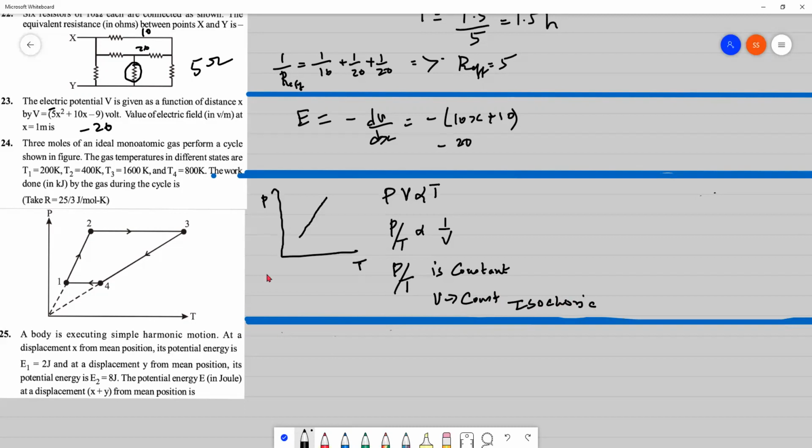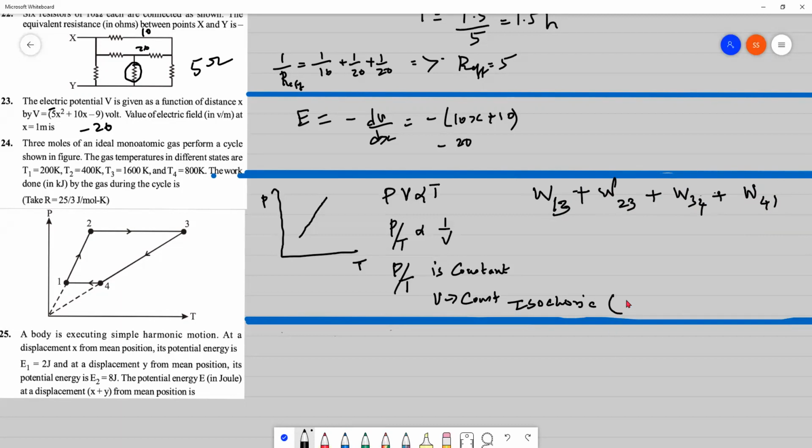In an isochoric process, the work done is 0. So total work done is work done from 1 to 3 plus work done from 2 to 3 plus work done from 3 to 4 plus work done from 4 to 1.